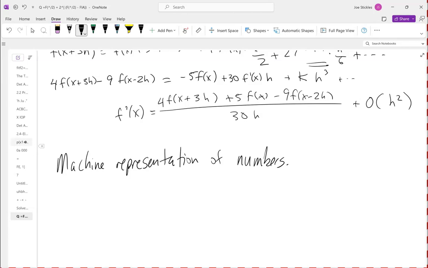A couple of problems that I could ask you about. Literally, one would be: change a number to machine representation using single precision.